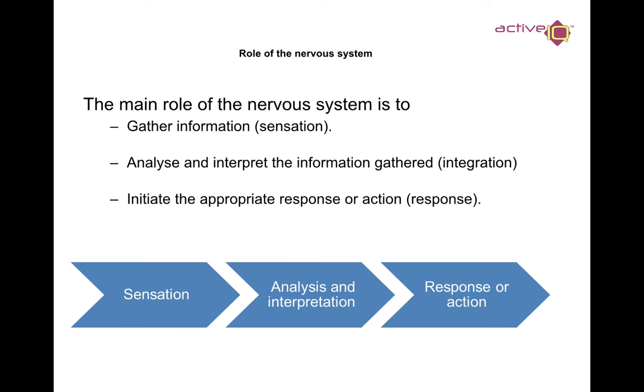And then we can respond to whatever's going on. So let's say we're a sprinter. We get the sensation of the starter pistol going off. We analyse it. What does that mean? Oh yeah, it means we need to get a move on. Okay, it means we need to go. So our response, our action to that is to send stimulus to the legs to crack on. All right. So that's one of the simplest ways of explaining it.